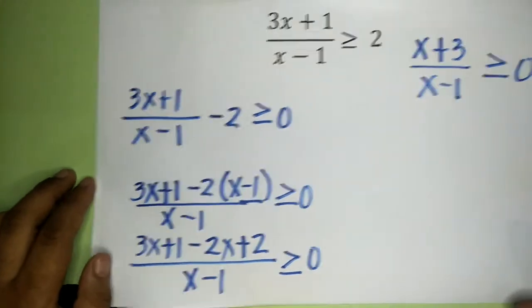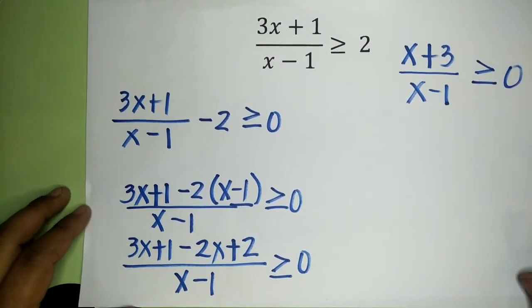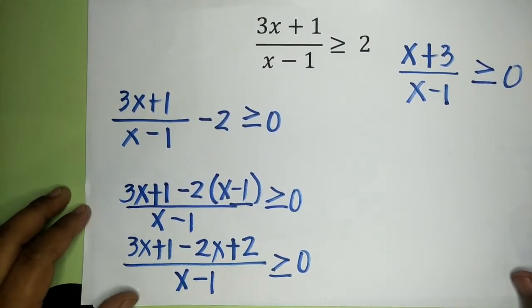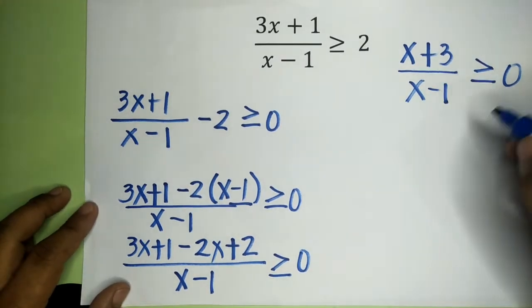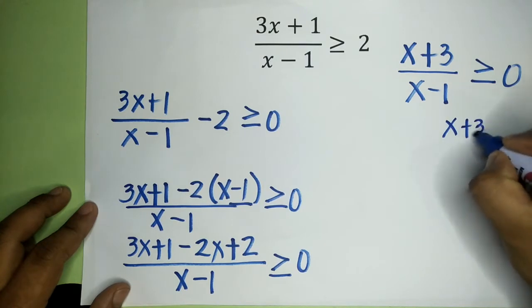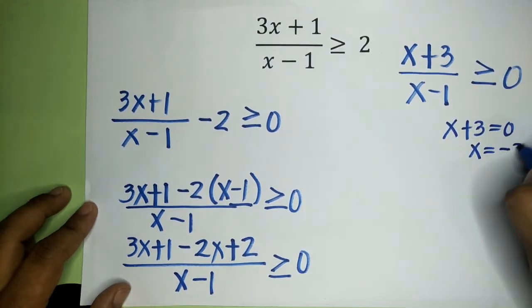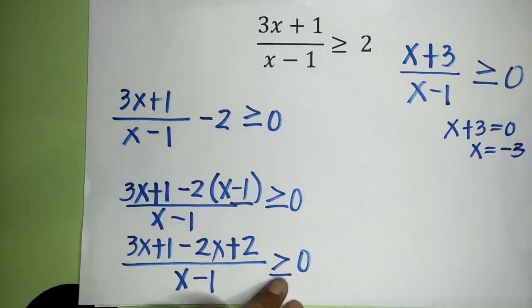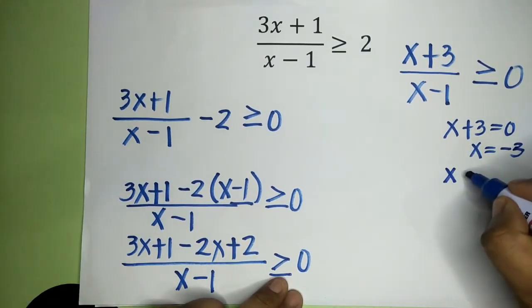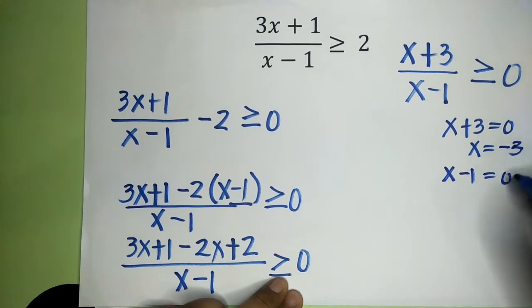After natin ma-express as a single rational expression, ay set natin yung numerator and denominator equal to 0. So, x plus 3 is equal to 0. So, x equal to negative 3. And x minus 1 is equal to 0.